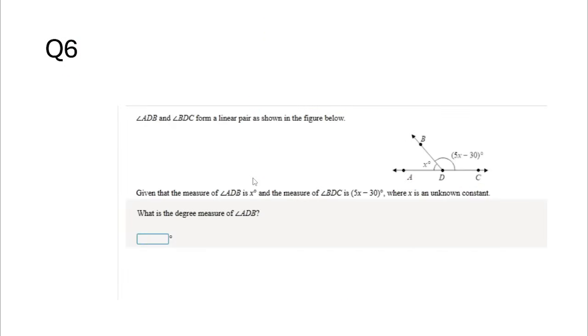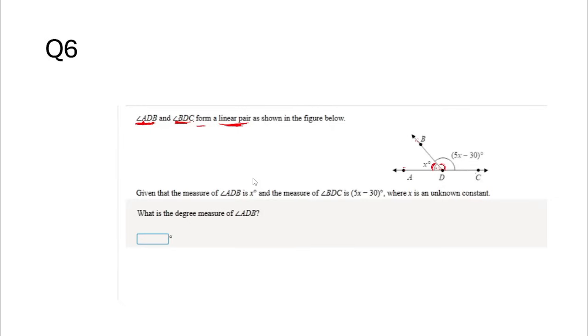Now it's saying angle ADB and angle BDC form a linear pair.